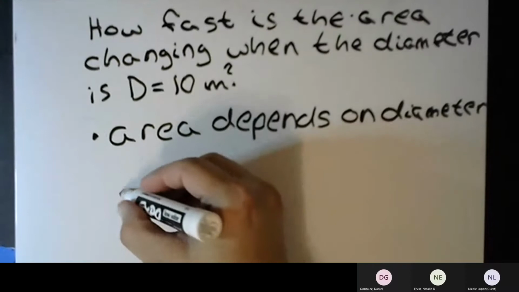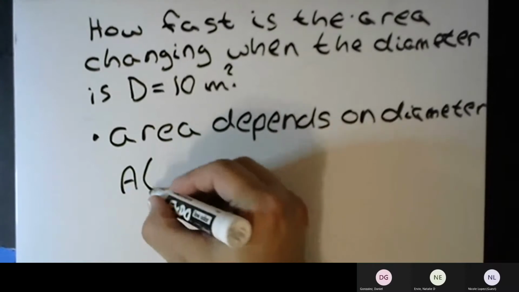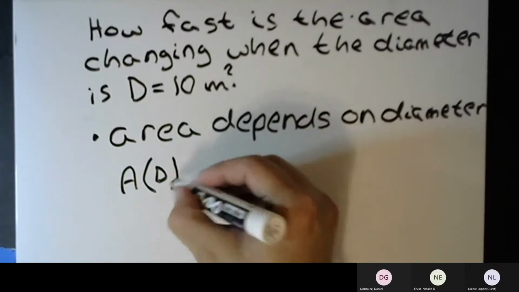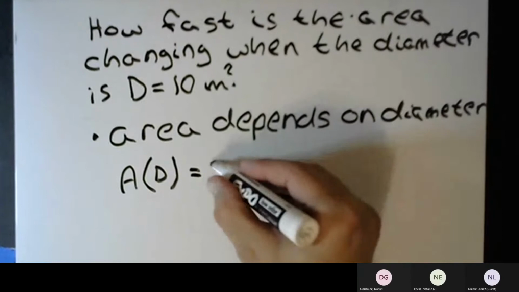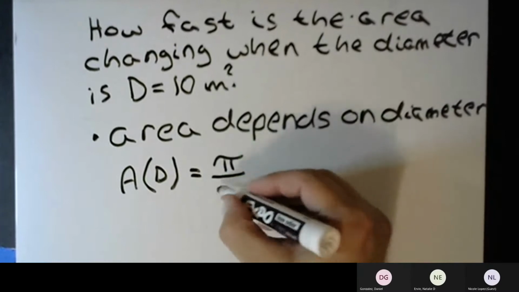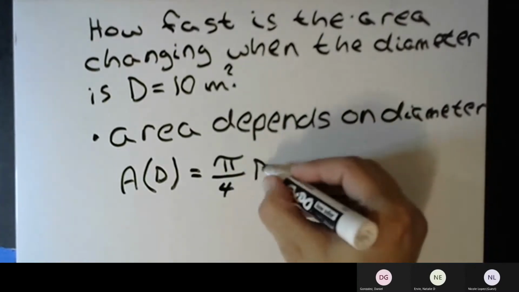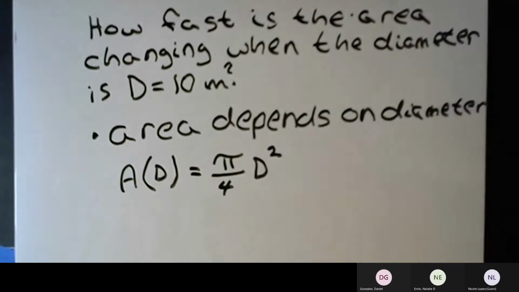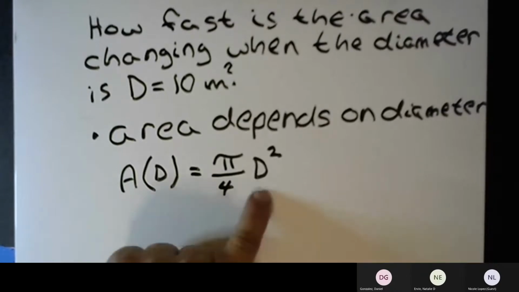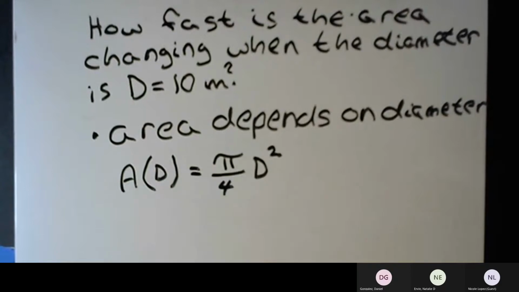So we would say something like A of D is pi over 4 d squared. So this is going to be the area at a given diameter.